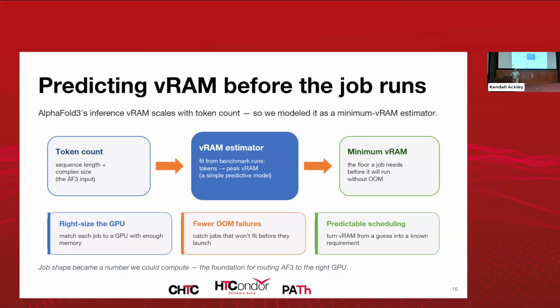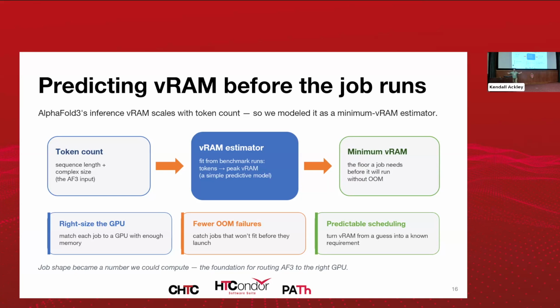And one of the things that we realized is a lot of our common single or double or two protein interaction runs could actually fit on much smaller GPUs. They could fit on a V100, they could run on an RTX GPU that we have pretty good capacity of and tends to be fairly idle.